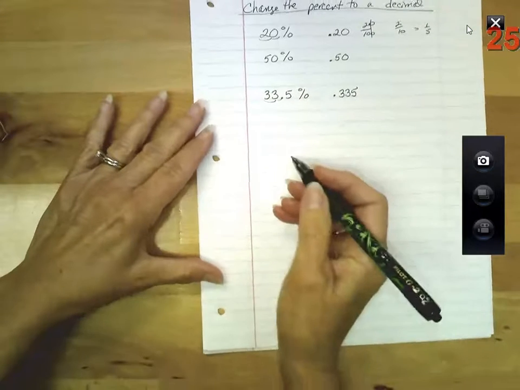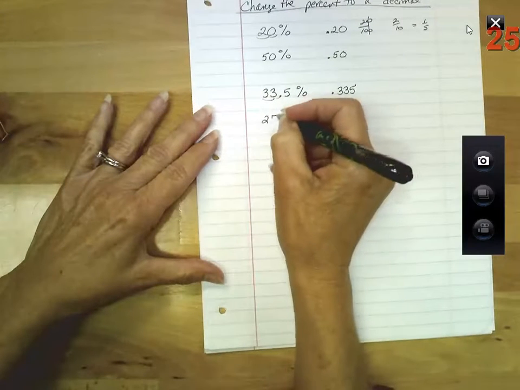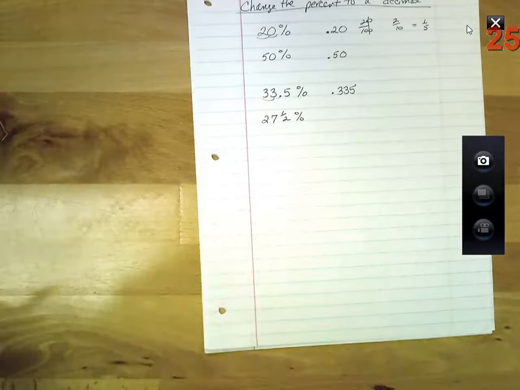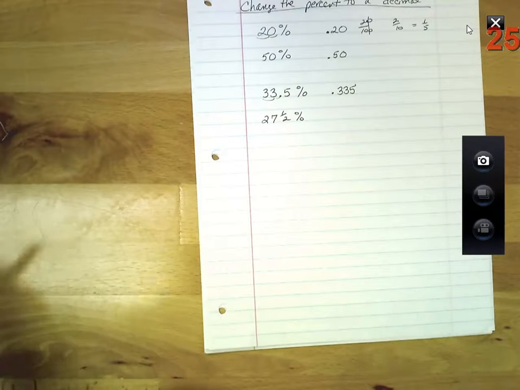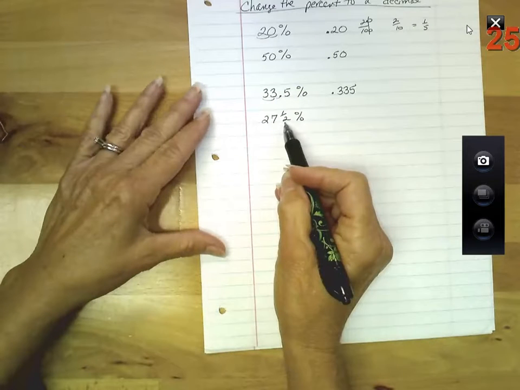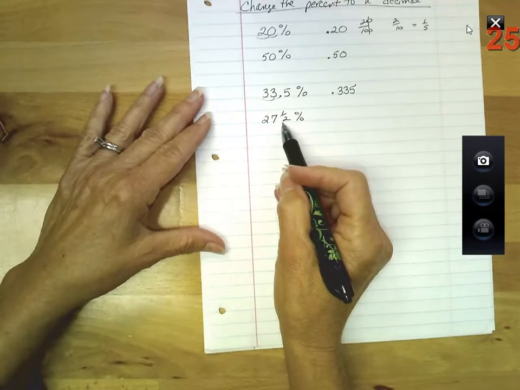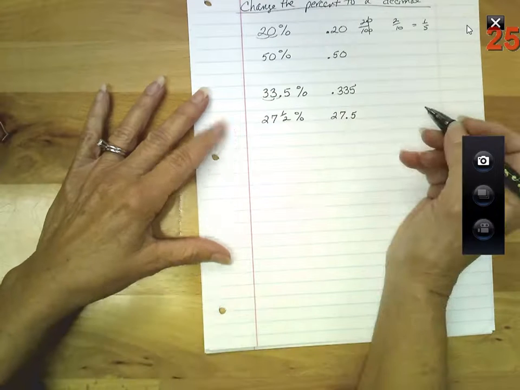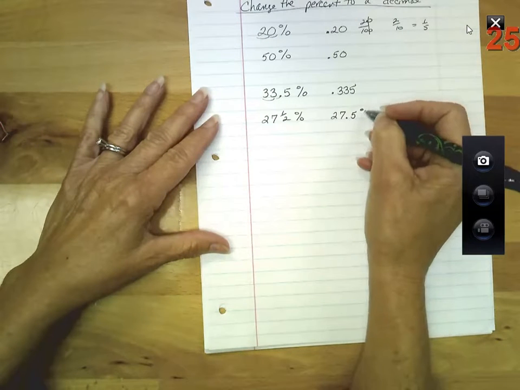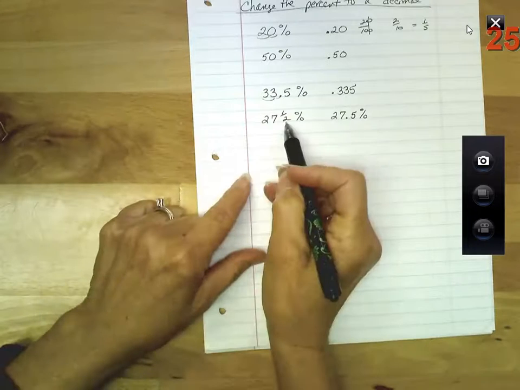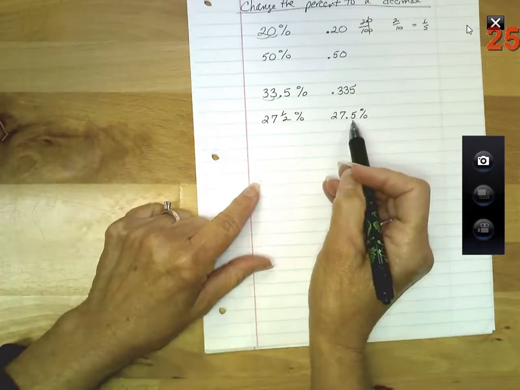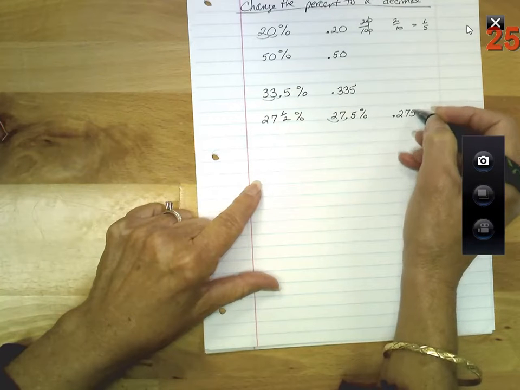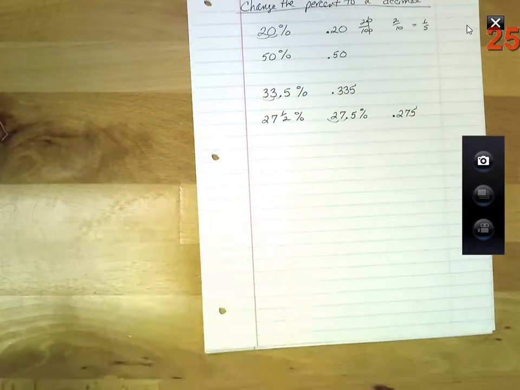Suppose I have 27.5%. Before I move that anywhere, I would change my fraction into a decimal. And 1/2 is the same thing as 5 tenths, right? So first thing you do, if you've got a fraction there, make it a decimal first, then move it 2 places to the left, so 0.275, or 275 thousandths.